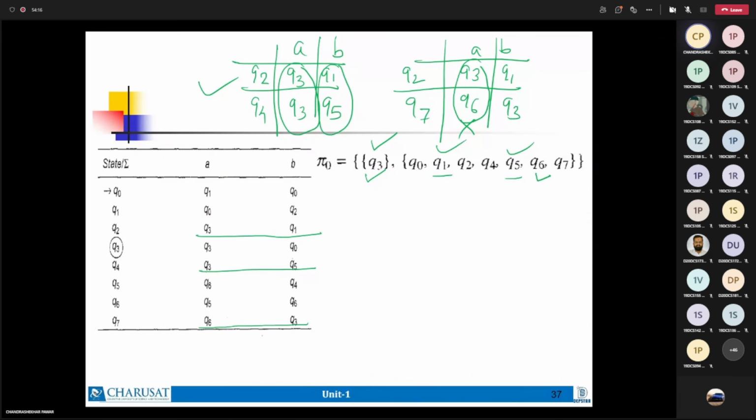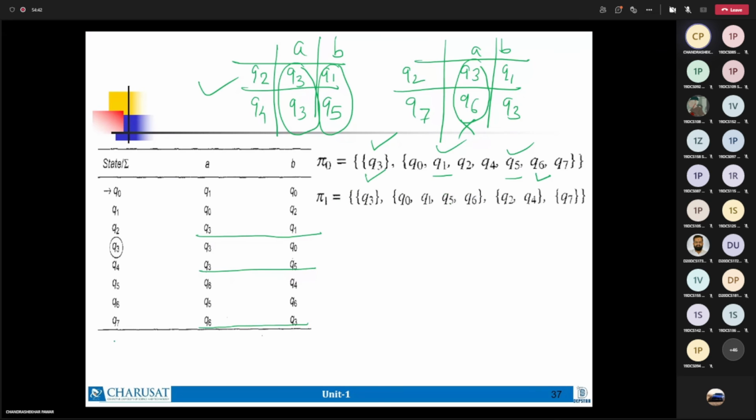I think 158, just revise your sets. Q1, Q5 and Q6 are equivalent with Q0. So Q0 must be with Q1, Q5 and Q6. Okay. 152, that is correct. The set is correct. That is pi 1.